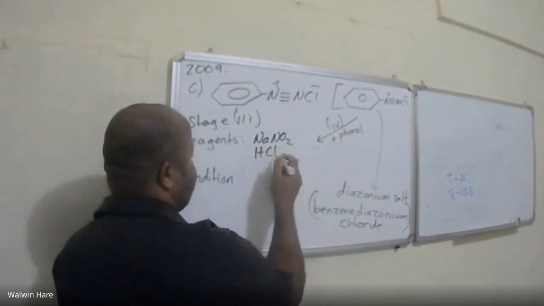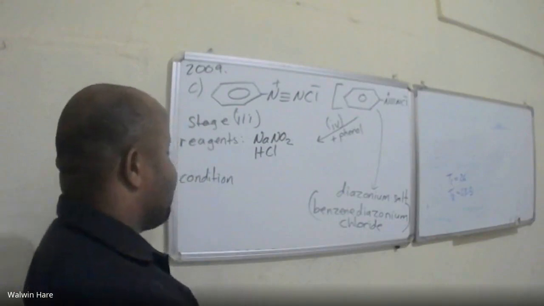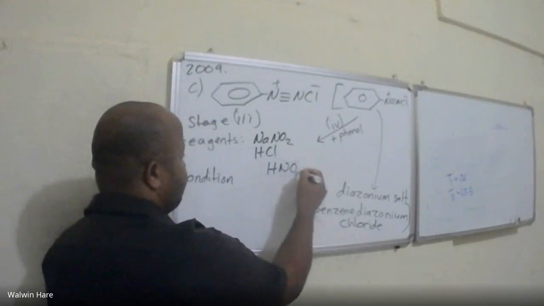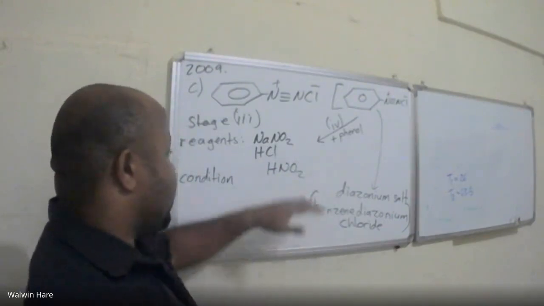The reaction between sodium nitrite and the HCl is what will generate the nitrous acid, which is HNO2. So in the reaction, they don't just add HNO2.